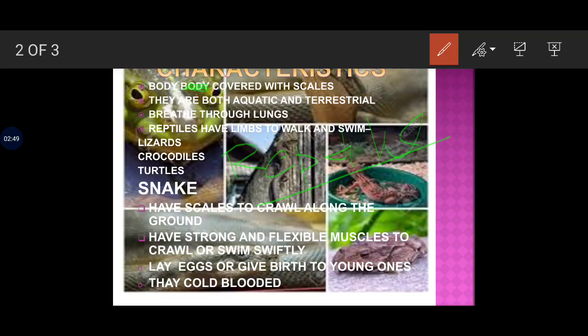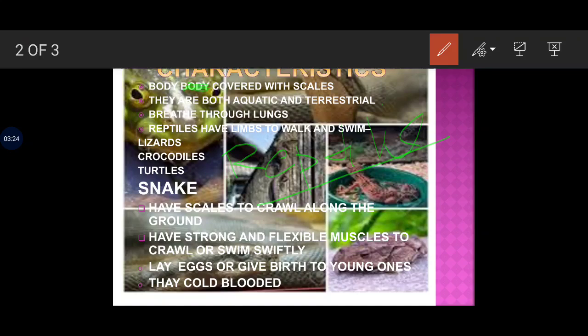Since they have scales under the body surface, these scales help them stay in contact with the ground and control the friction between the body and the ground. This helps them move swiftly and softly. If you have ever seen a snake crawling, the scales present on the body help them crawl and control the friction of their body with the ground.